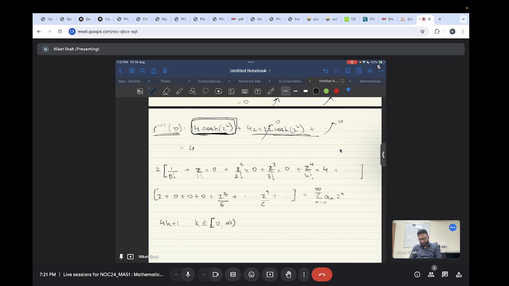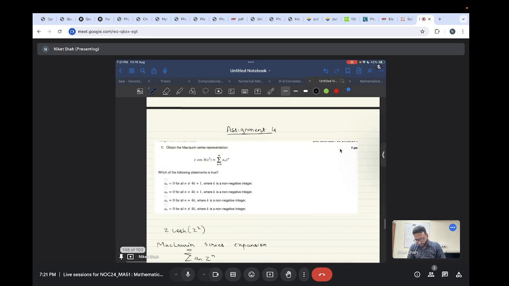For n belonging to 4k plus 1, there are non-trivial terms. For n not equal to 4k plus 1, a_n is equal to 0, as you've seen here. Everything else in between is 0. So a_n is equal to 0 for all n not equal to 4k plus 1. This seems like the correct option.